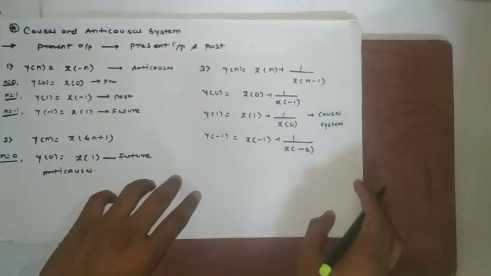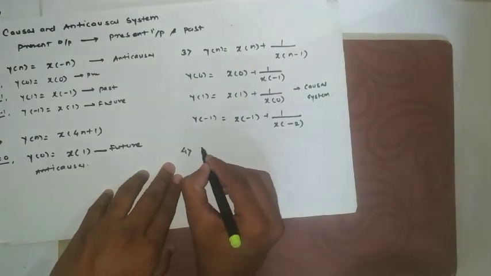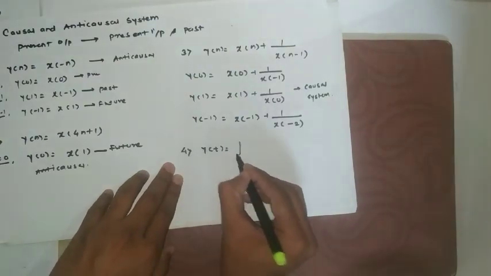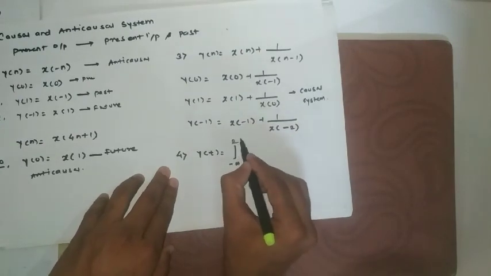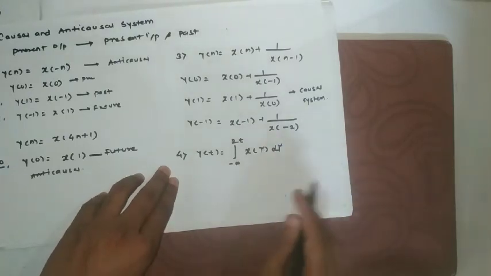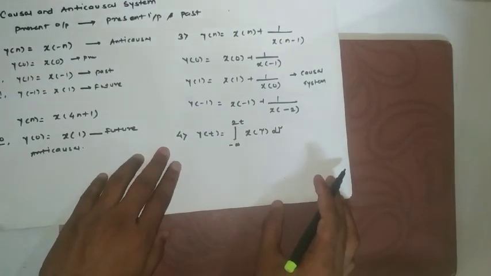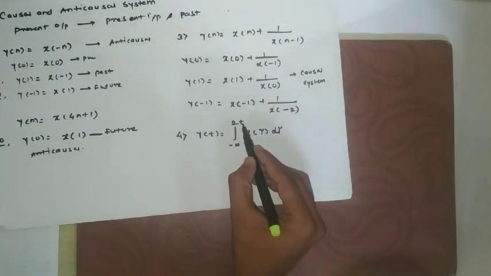Now let us consider the last example: y(t) is given as the integral from minus infinity to 2t of x(τ) dτ. Now in order to determine whether it is causal or anti-causal, we have to put in values of t.